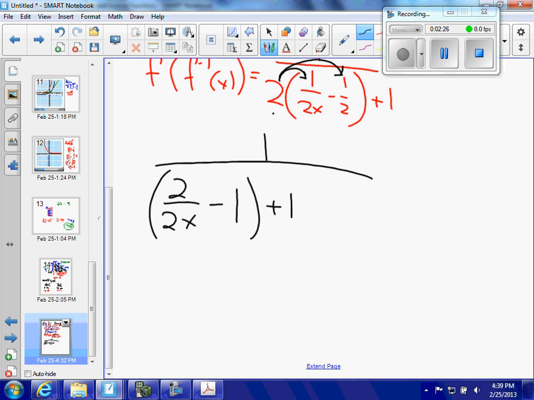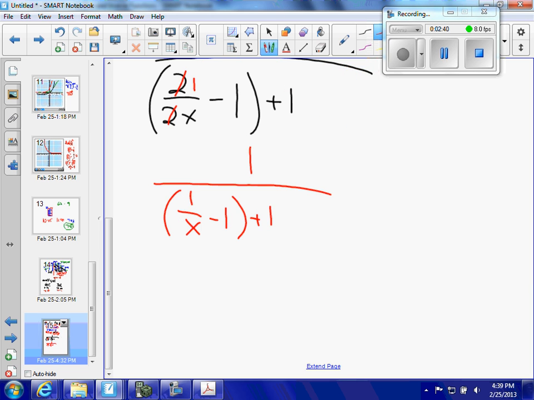This is now 1 over, well, my 2's cross off here, and I'm left with 1 over x minus 1 plus 1. Well, that's the same thing as 1 over x minus 1 plus 1. And so my minus 1 and my plus 1 go away. So I'm now left with 1 over x.